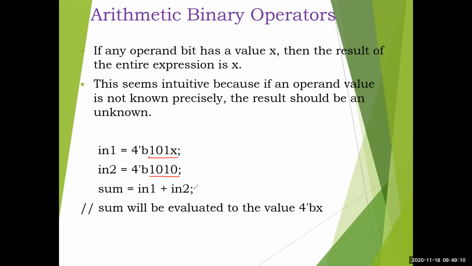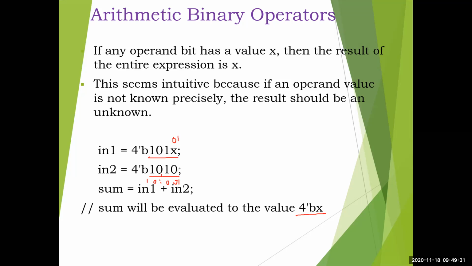Because of that, the sum will give you the 4-bit value x. In case you consider 0 here, this result will be 0, then 1 1 0, this will carry on with a carry, then 1. In case it is 1, then this result will change, right?